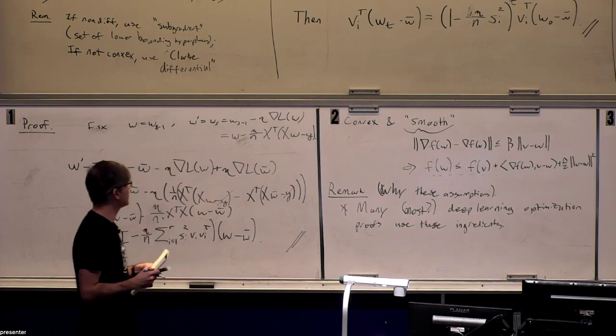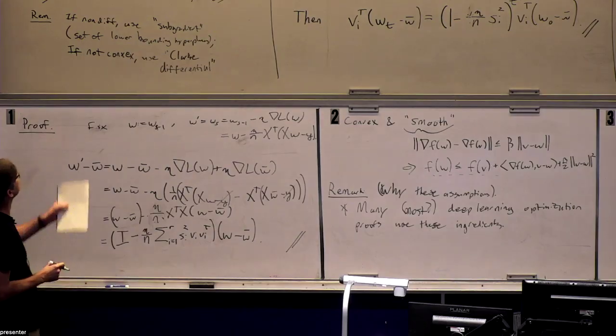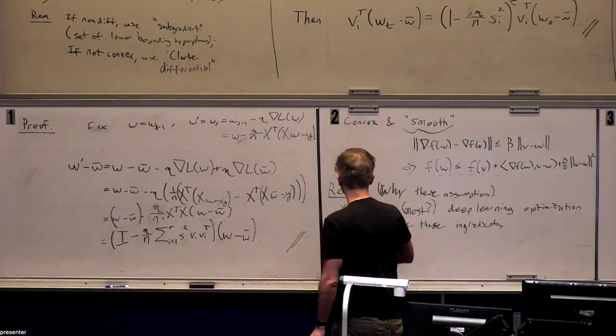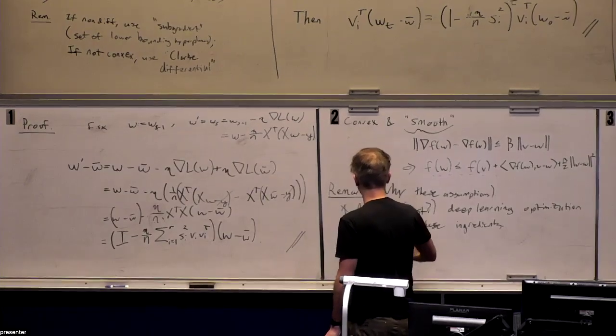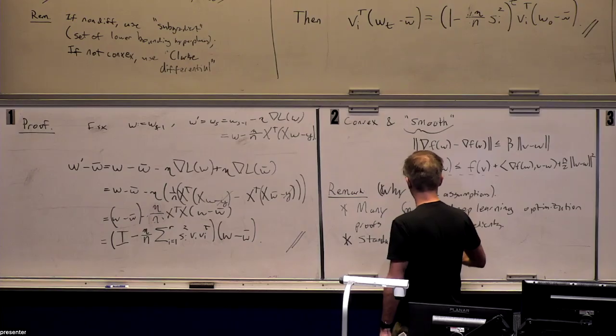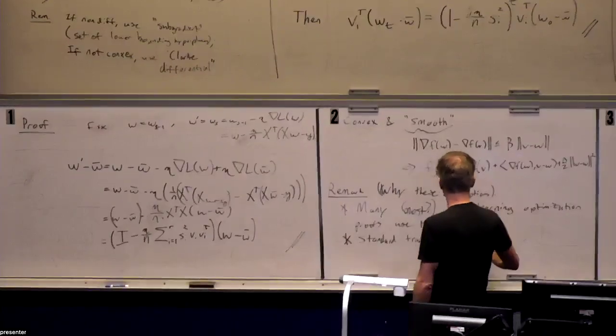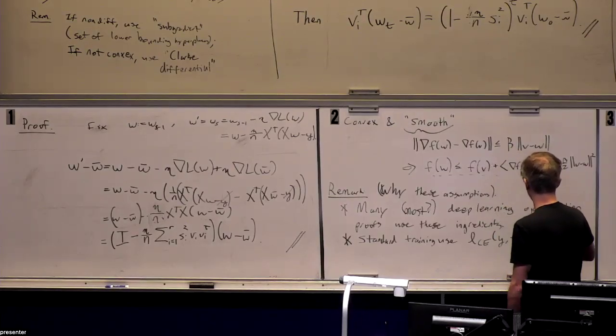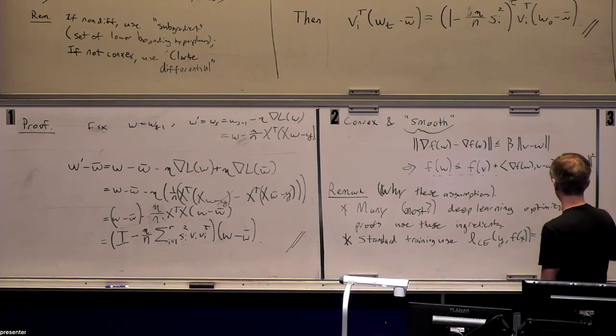And let me also make one more comment about convexity. I already gave you the definition of convexity, but standard training now uses the cross entropy loss. I won't use the form of the cross entropy loss, but I just want to write it down at least once.